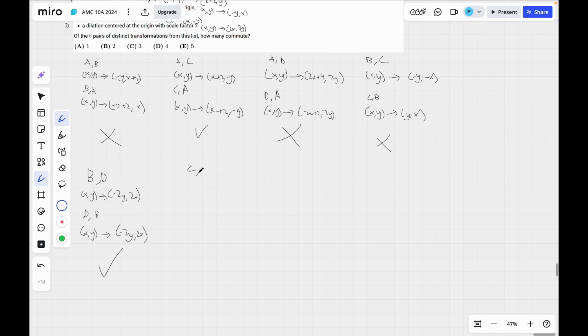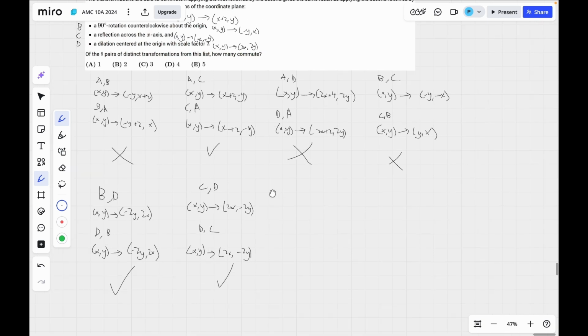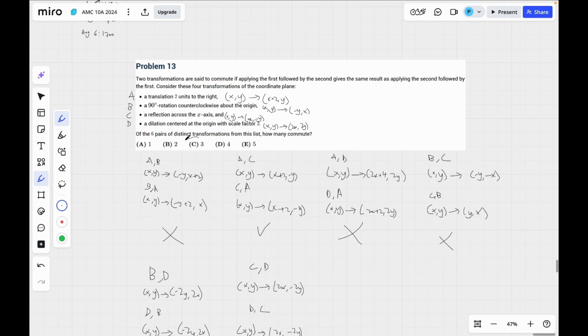And finally, C and D. Now this one also commutes. So in total, there are 3 that commute, so our final answer is C.